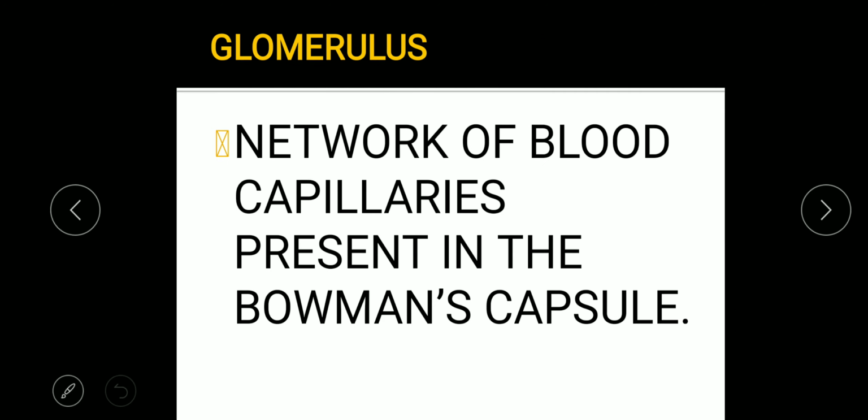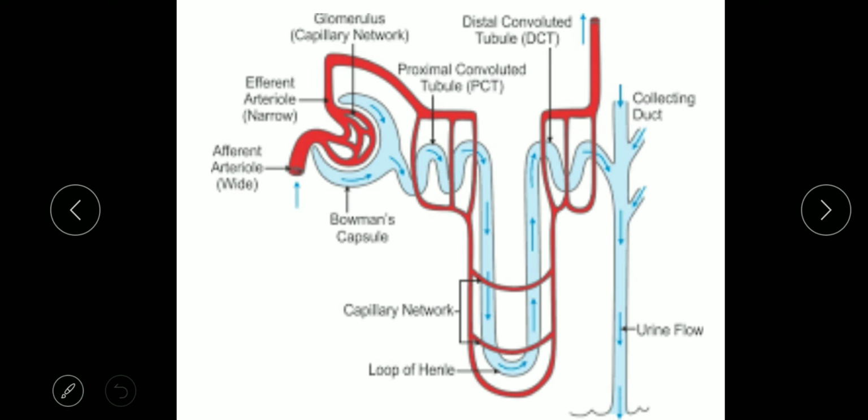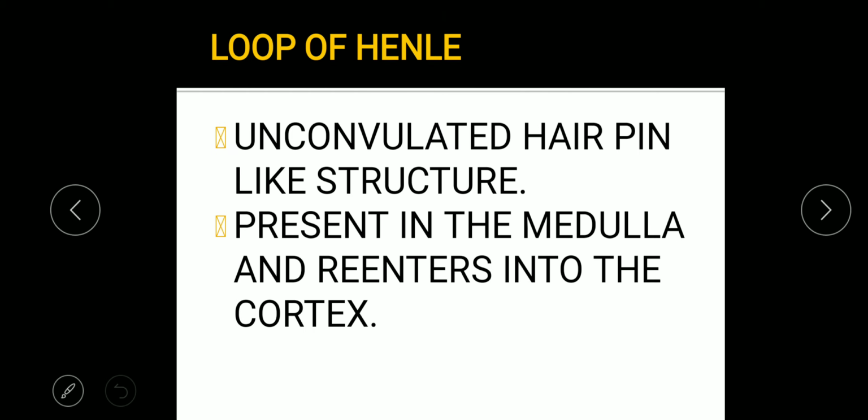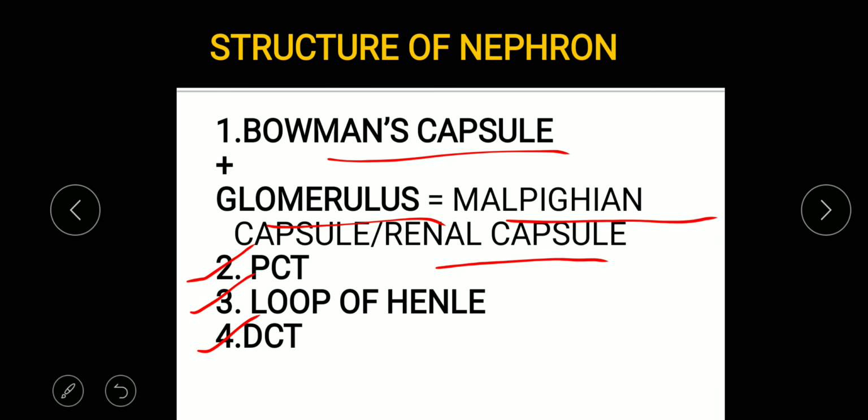The network of blood capillaries present in the Bowman's capsule is known as glomerulus. So combinedly, this Bowman's capsule plus glomerulus is known as Malpighian capsule or renal capsule.